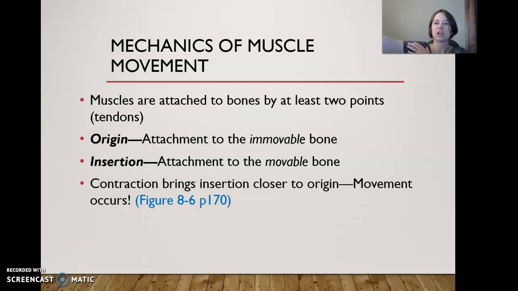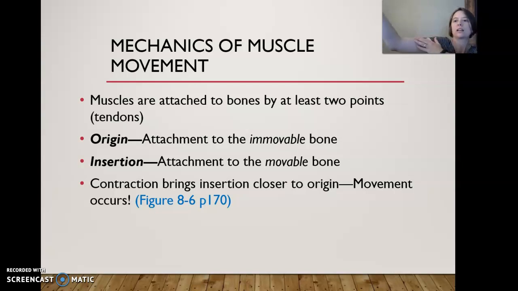So the contraction brings the insertion, the movable bone, closer to the origin, the not movable bone. On page 170 it shows your biceps brachii, where you have the origin on your shoulder, which isn't moving, and the insertion is on the radius, which does move.